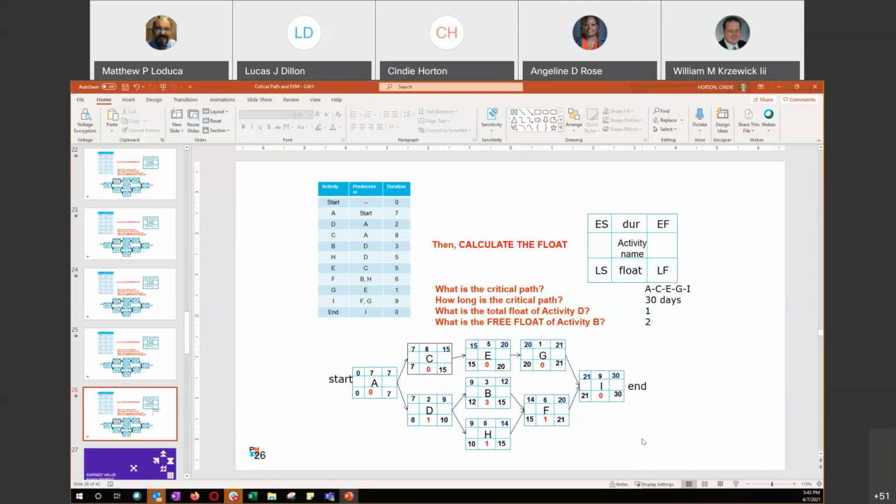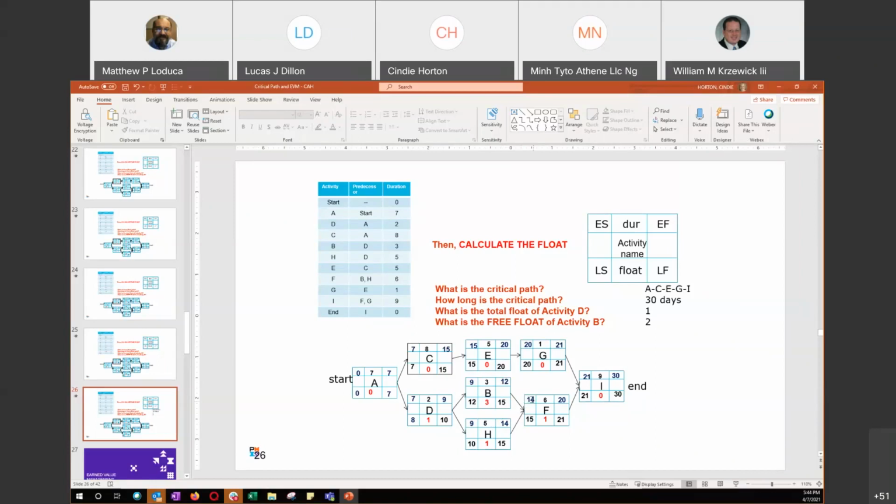Any other questions? I got a question. On B, the total float is 3, but the free float is 2. What does it mean? The free float of 2 means that I can delay B by 2 days, or 2 units, and I could still start F on day 14.